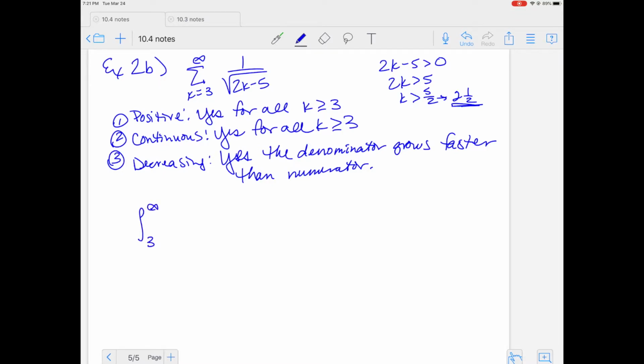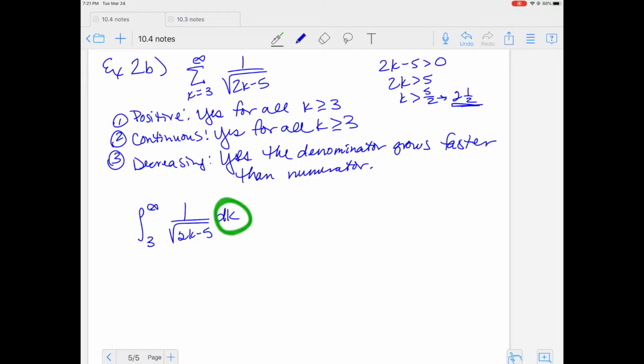I'm going to go from 3 to infinity of 1 over the square root of 2k minus 5 dk. Now this one I purposefully did not change to x. I left it as k because honestly I don't care. The variable is not going to change anything in this instance. As long as if you leave this in k, you leave this in k, right?